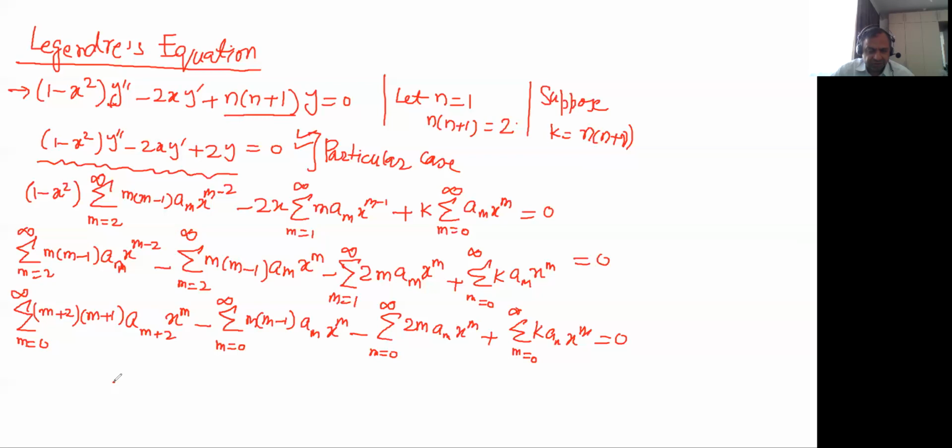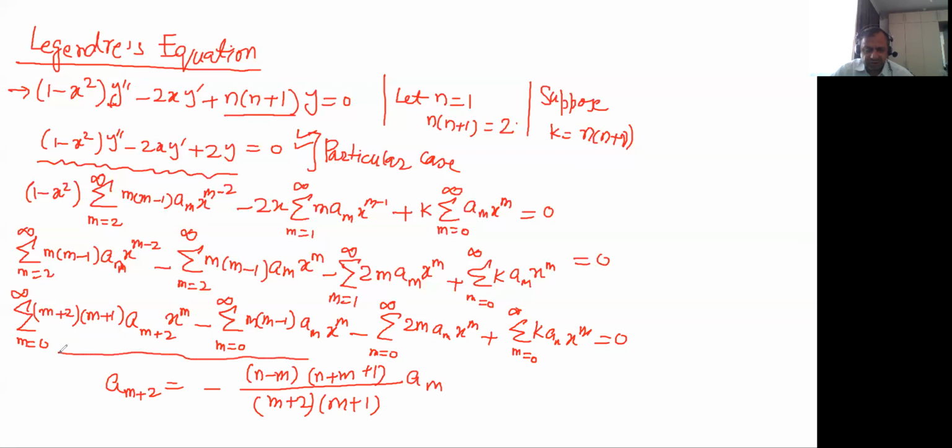The recursive relationship will be in terms of a_{m+2}: a_{m+2} equals minus (n minus m) into (n plus m plus 1) divided by (m plus 2) times (m plus 1), into a_m. So we can get this recursive relationship for Legendre's equation.